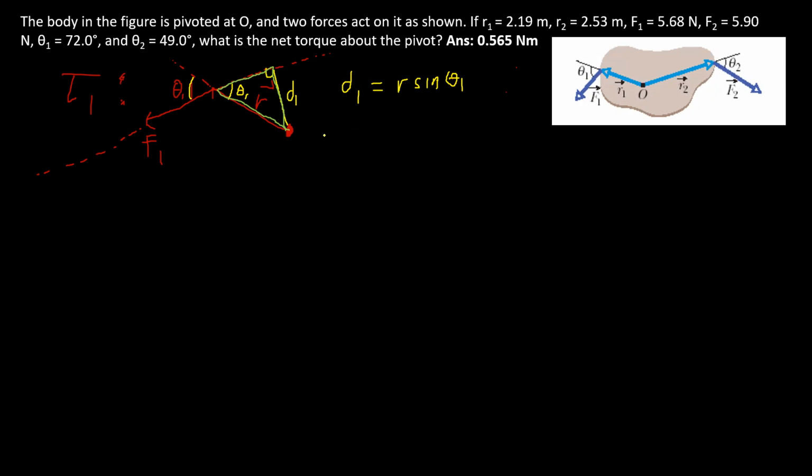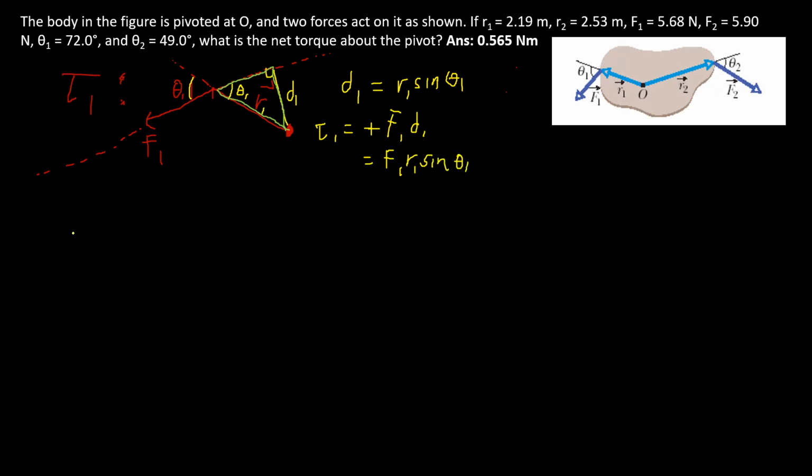And so, from our formula, T1 is positive, because force 1 causes our rigid object to rotate counterclockwise. So positive F1 D1, or F1 R1 sine theta 1.